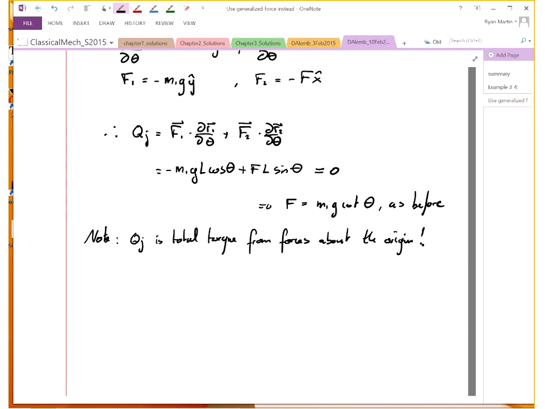Okay, so there's a very general method. It's equivalent to saying the sum of the forces is 0, but it's general enough that it handles torques and forces almost on the same footing. And it introduces this new concept of generalized force, and it sort of makes sense that maybe there's a more general concept to say something is not moving, rather than saying separately the sum of the forces and the sum of the torques is 0.